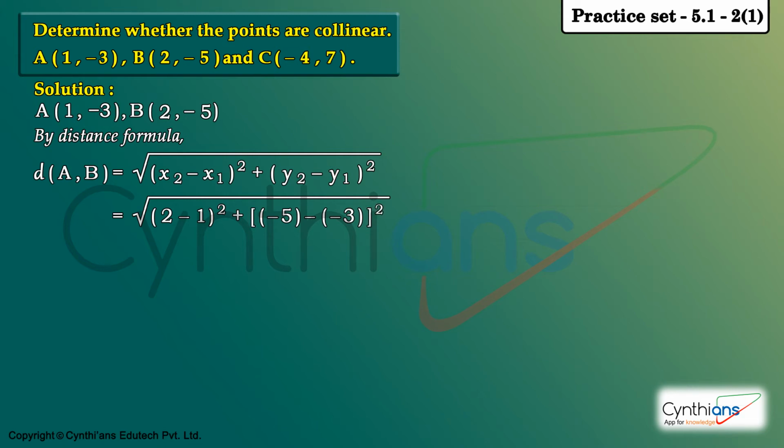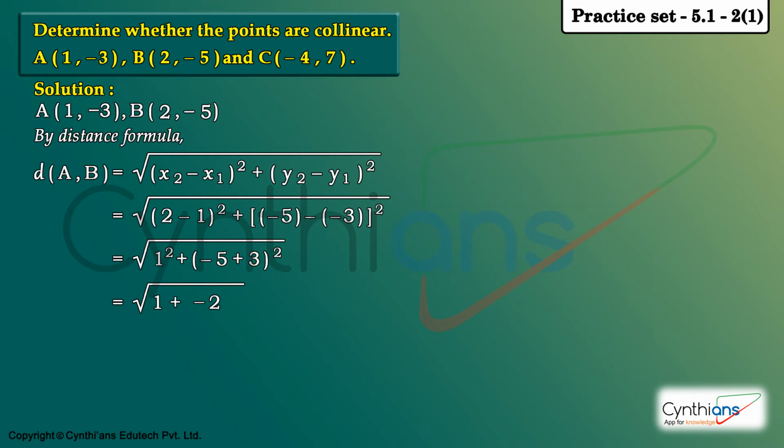In the next step, equal to square root of 2 minus 1, that is 1 square, plus minus 5 minus into minus becomes plus, 3, so minus 5 plus 3 the whole square. Next step, equal to square root of 1 square is 1 plus minus 5 plus 3 is minus 2.